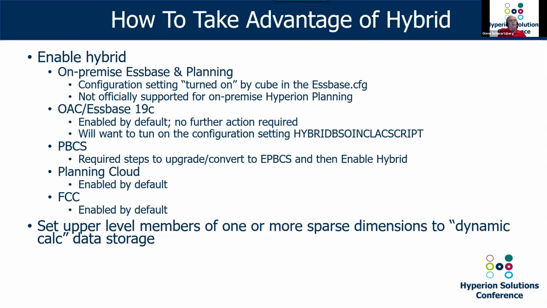In Planning Cloud, the new EPM cloud, it's on by default, and in financial close and consolidation, it's on by default as well. So as I said before, in all of these, in order to get it to actually work, once you've turned it on, you need to set the upper levels in the sparse dimensions to be dynamic calc. Sounds counterintuitive, but that's actually the way it looks at things.